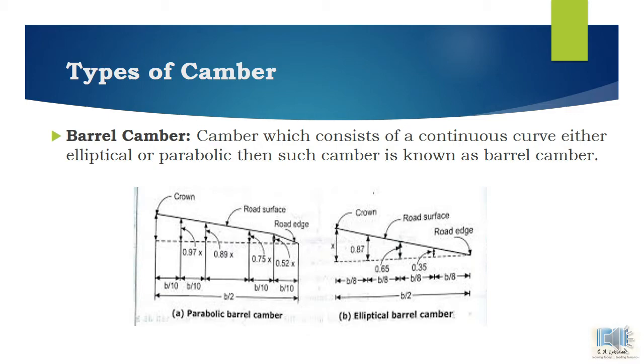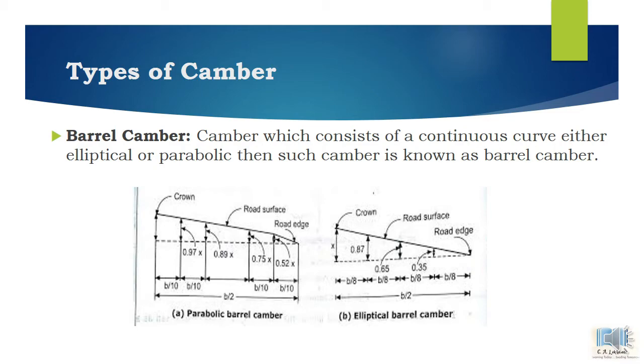Then the height of this curve is 0.35 into B by 4. Then the second height is 0.65 into B by 4.